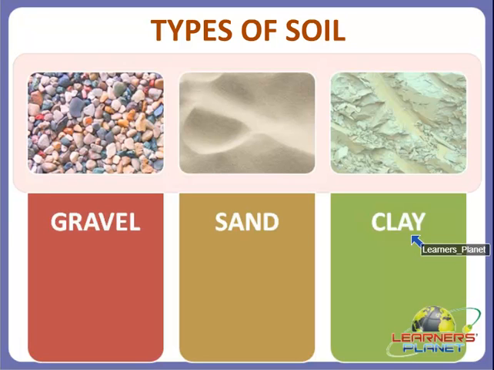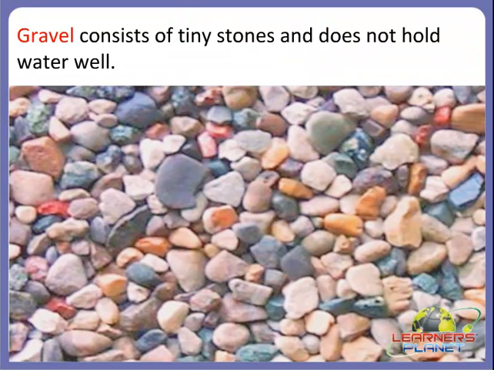Okay children, so you have to learn and read with me, right? So children, now we will study about all these 3 main types of soil in detail. What is gravel, what is sand and what is clay. Okay, so be ready. Alright children, so what is gravel?